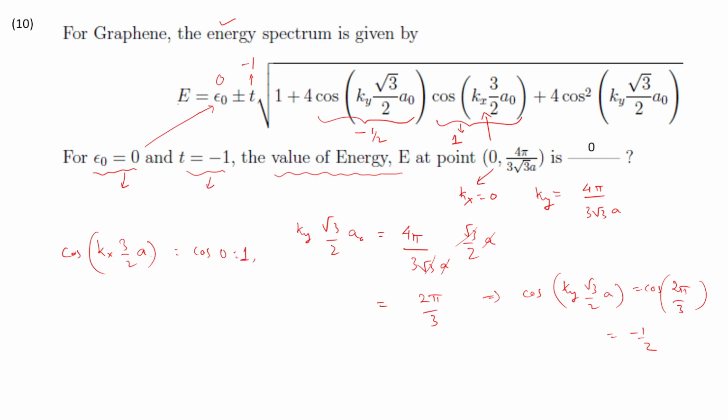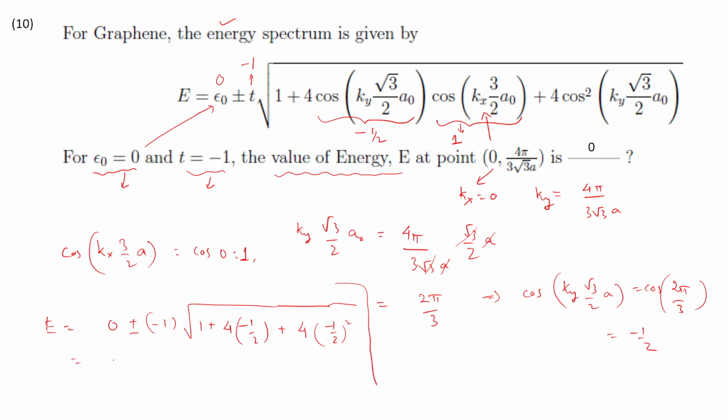So we just have to find the value of E. We have to just substitute. So 0 plus minus t, which is minus 1, times 1 plus 4 into minus 1 by 2 into 1, which is minus 1 by 2, plus 4 into minus 1 by 2 whole square.